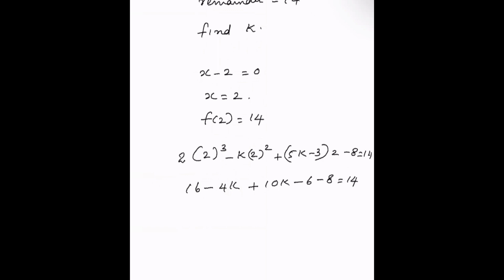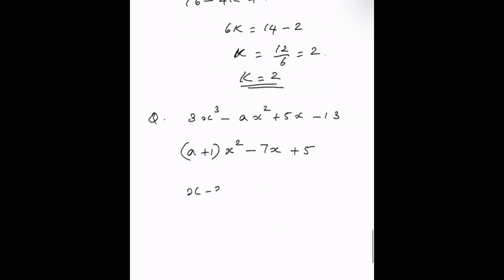So I'm getting here 6k equal to 14 minus 2. I'm getting 6k is 12 and k would be 12 by 6, which would be 2 again. So value of k is 2 again.